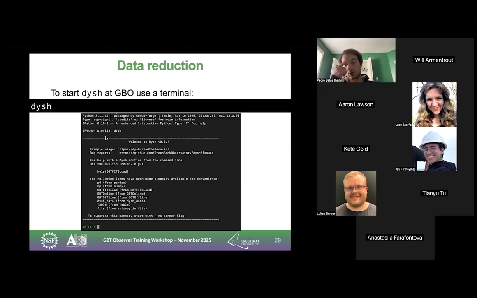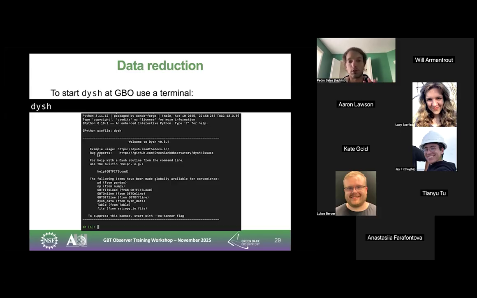You can then navigate with your web browser to the address and work with your notebook. Because we're doing everything remotely, you will need to tunnel, basically, for your local computer to see the Jupyter server on the GBO host. But we can talk about that, or I can point you to directions on how to do that later, if that's what you would prefer. But the functionality is roughly the same.